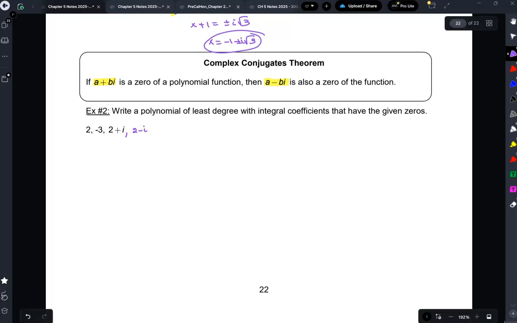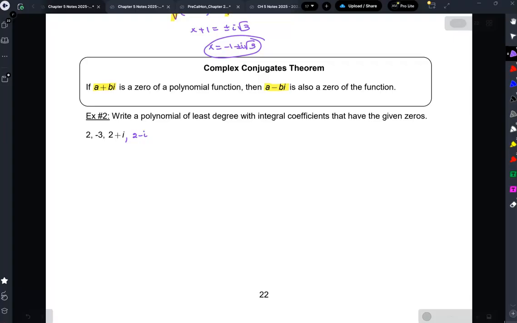Okay, so now, because we need to write a polynomial function, we're going to start with f of x. From the first root, x minus 2. Second root, x plus 3. Third root, I'm going to do a bracket, x minus 2 plus i, x minus 2 minus i.